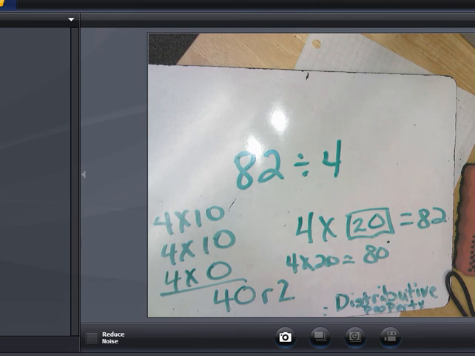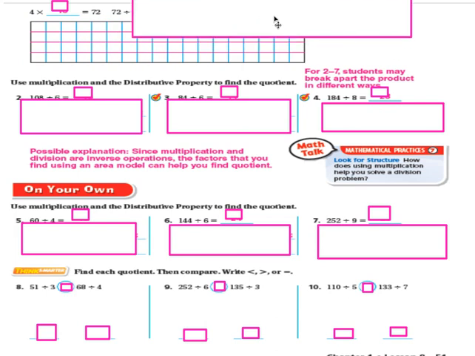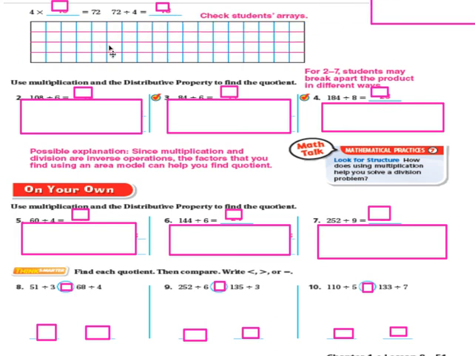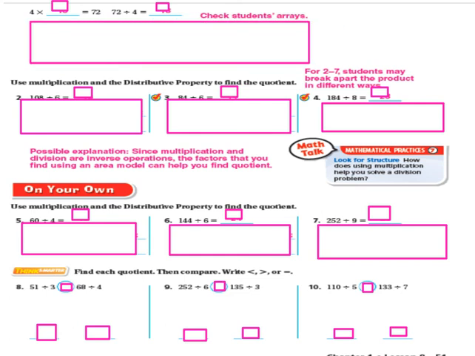So let's go back to our worksheet. If we did this, you would see that I want to use this as my array. If I did this, this would be 4. And if I split it, I could do 20. 4 times 20 equals 80. And then I had, oh, sorry, wrong problem.